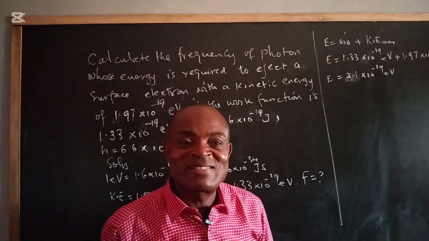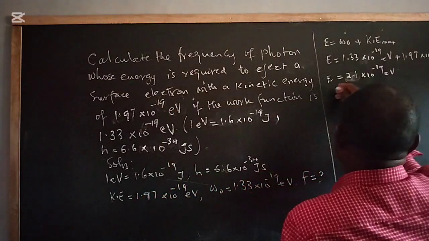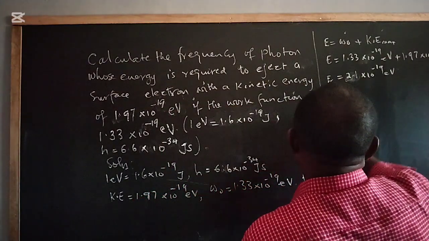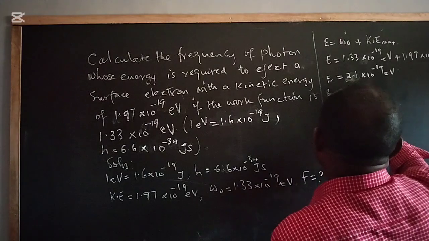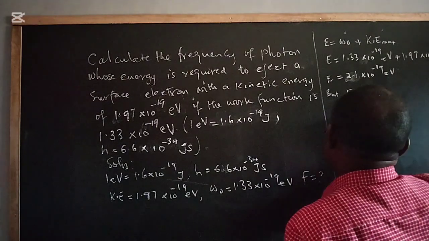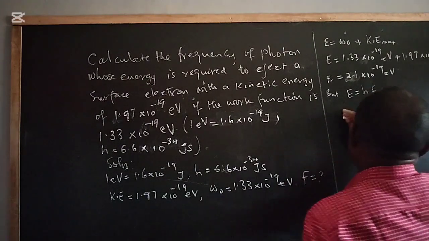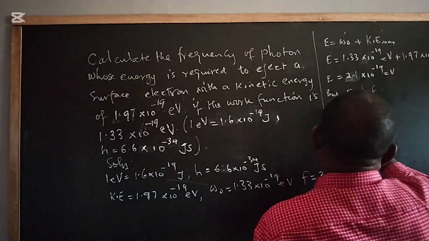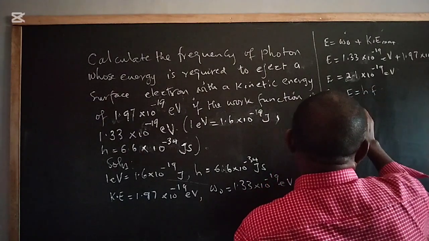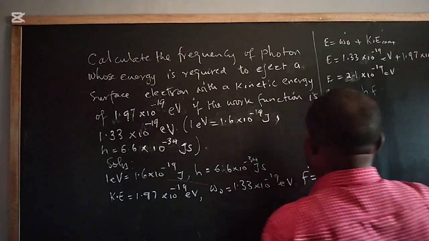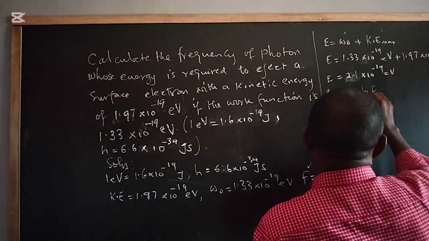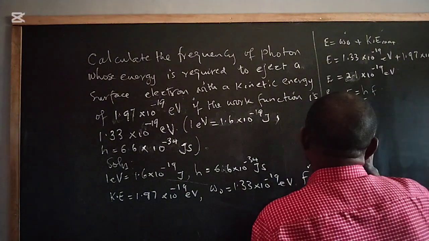Can you remember that? We know that the energy of radiation is Planck's constant times frequency. So the frequency of radiation, which is what they want us to find, becomes the energy of radiation divided by Planck's constant.